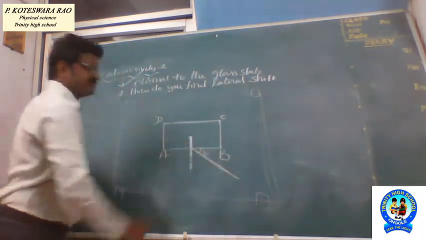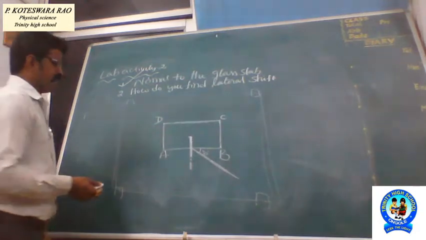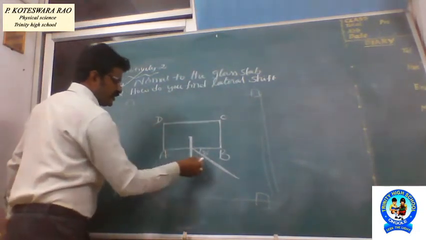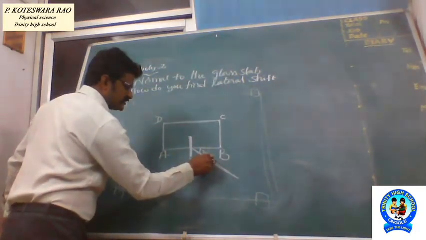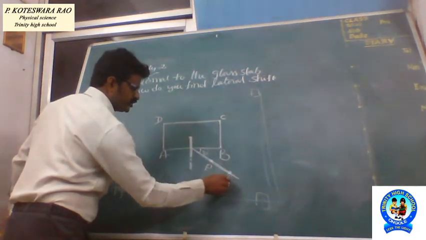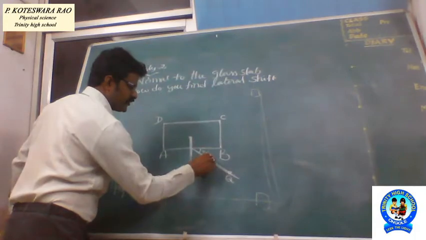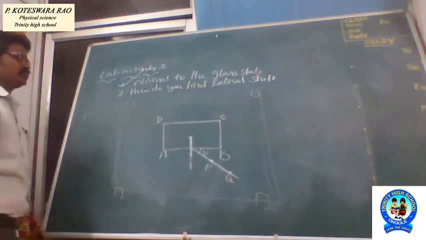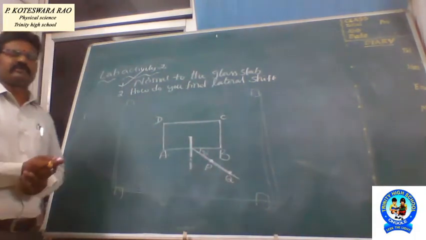Then you also take two pins. These two pins are placed at P and Q. At P we insert one pin, and at Q we insert one more pin.